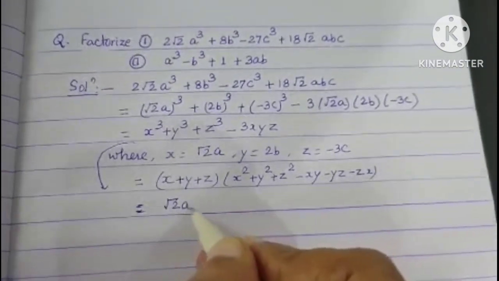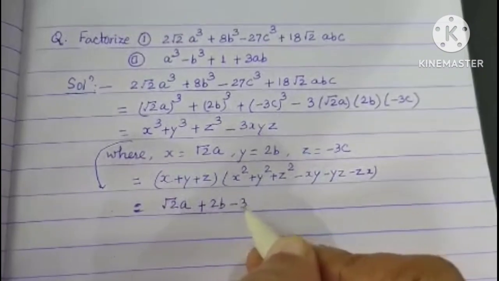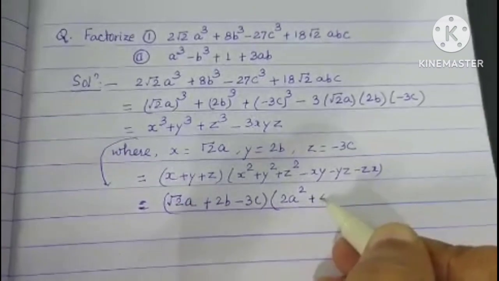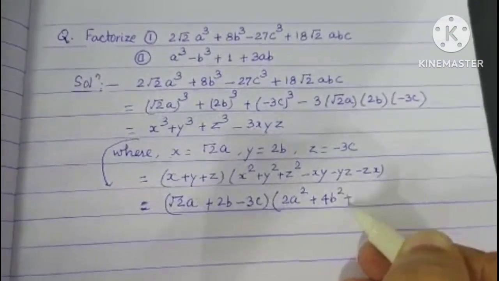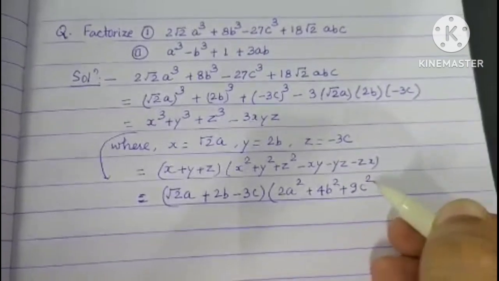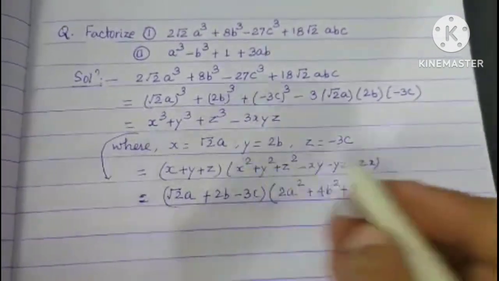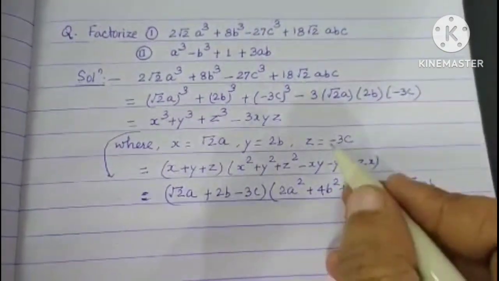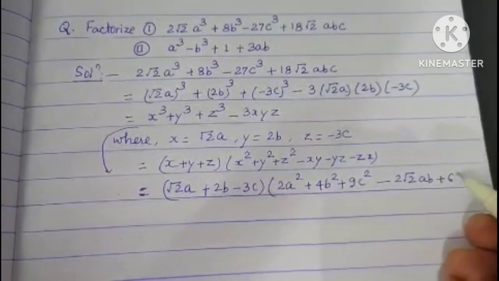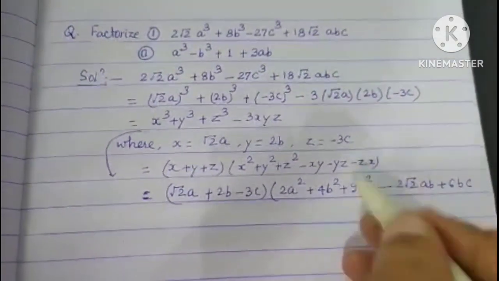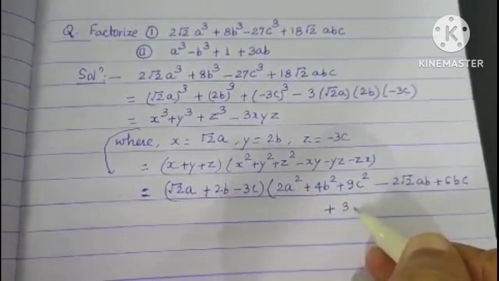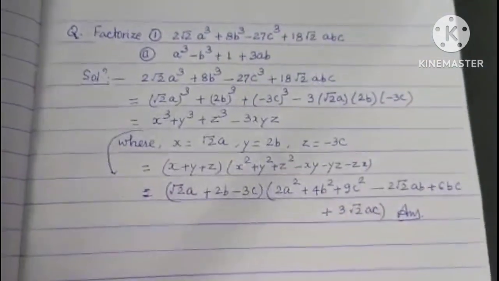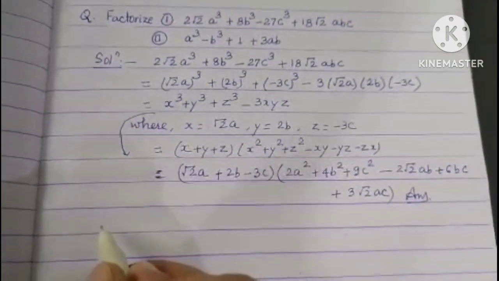So it will be equal to root 2a plus 2b minus 3c, and here x square is 2a square plus y square 4b square plus z square will be 9c square minus of xy, minus 2 root 2ab, minus of yz, so minus minus plus 6bc, minus zx, so minus minus again plus 3 root 2 ac. So this will be our answer, the factorized form. Okay, now let's see the second one.